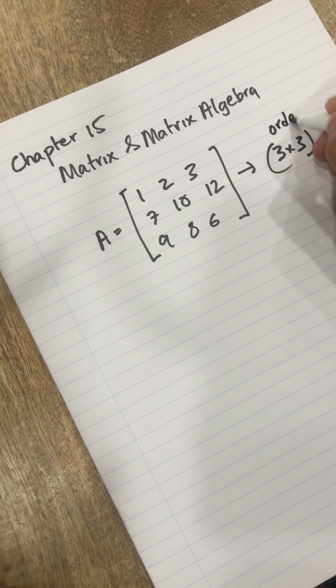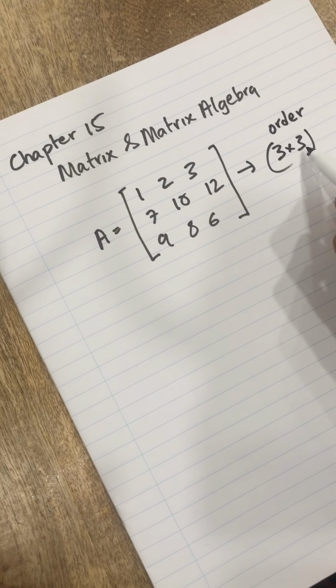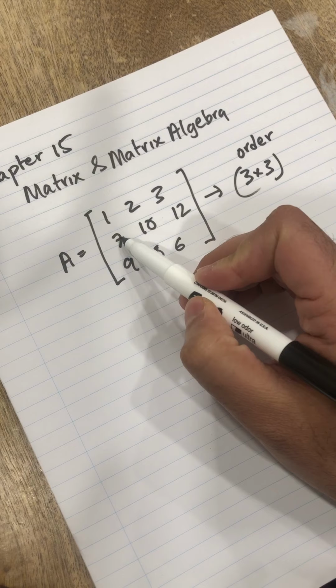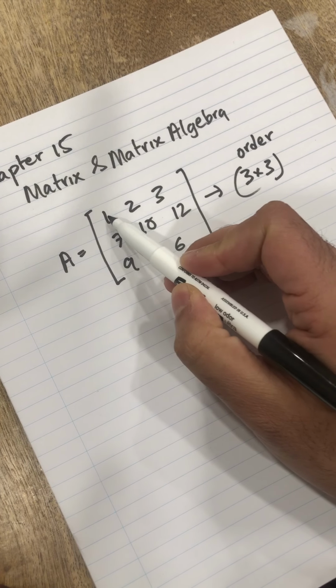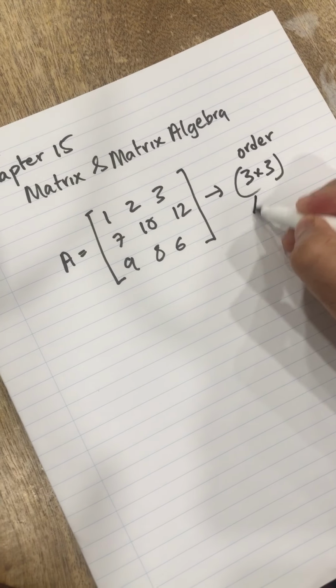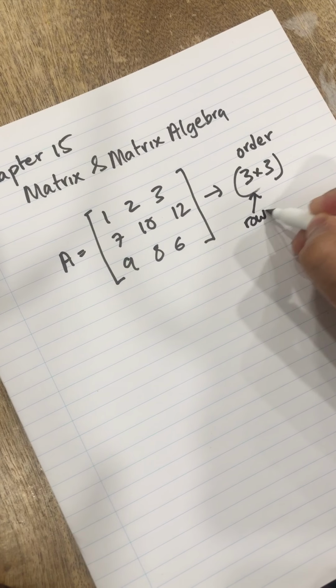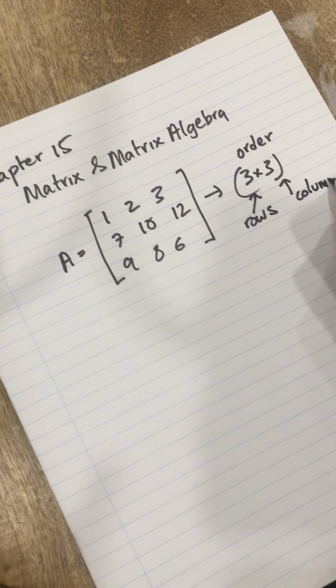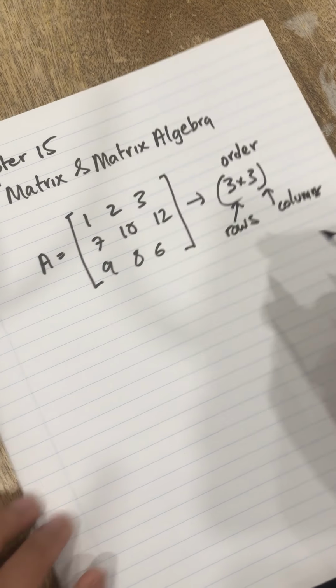That's the order of the matrix. So what does this mean? 3 into 3 means that this matrix has 1 2 3 rows and 1 2 3 columns, right? The first 3 is the number of rows of the matrix, and the second 3 is the number of columns.